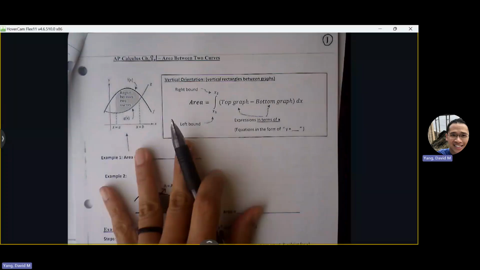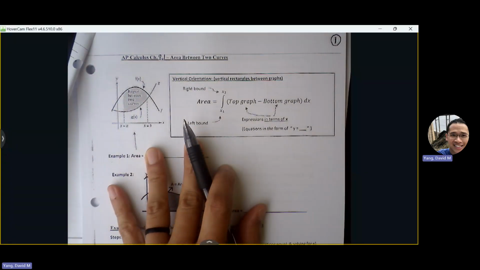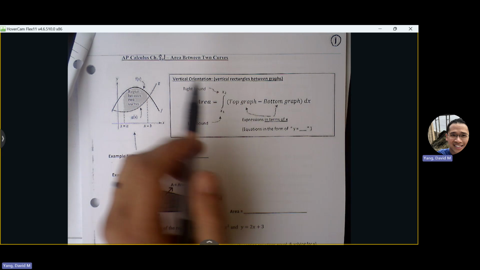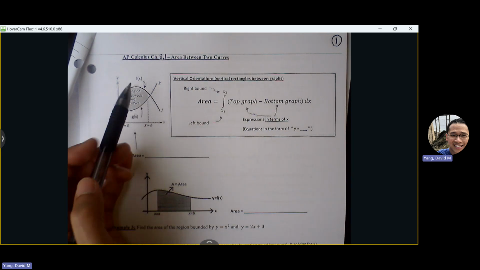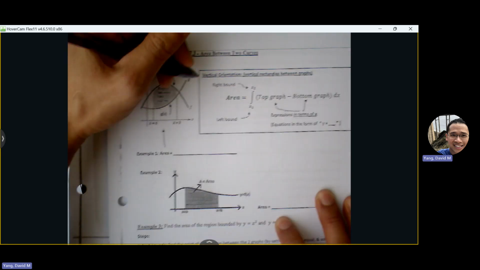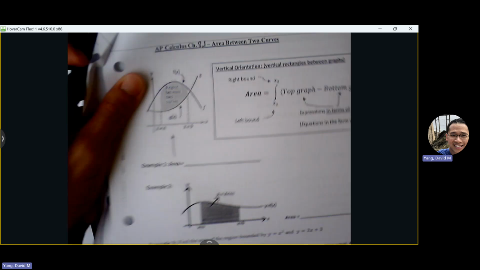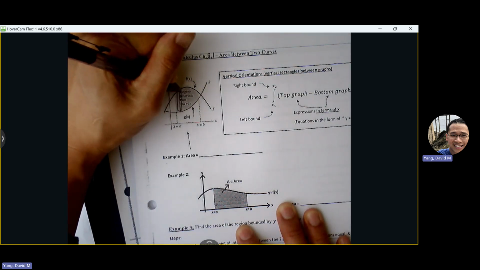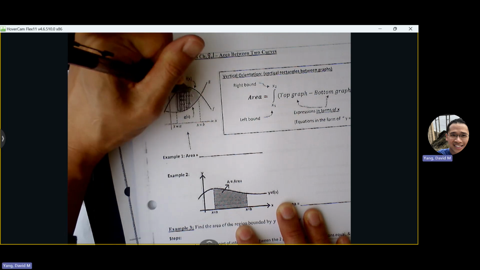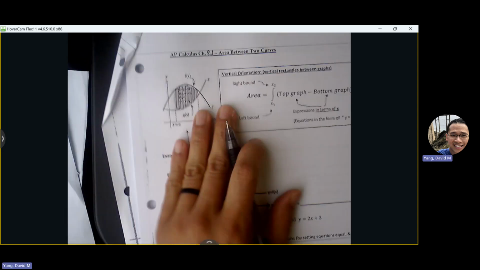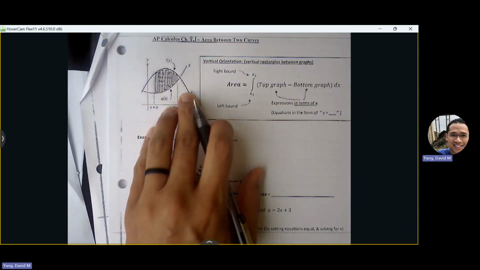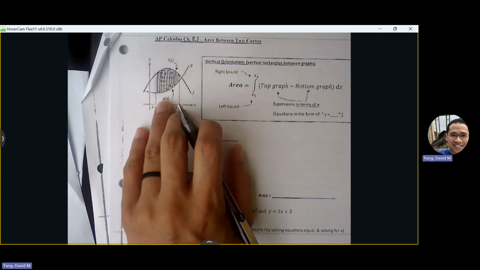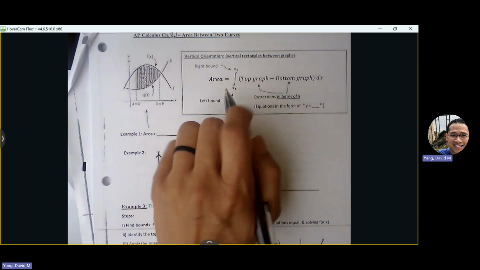So the easier of the two orientations is if we can imagine them being vertical rectangles, and we're just accumulating these infinitely thin vertical rectangles from one end of the bounds to the other end. Right? So you can imagine we're going to basically add up an infinite number of rectangles, and then that will give us the exact area under the graph.